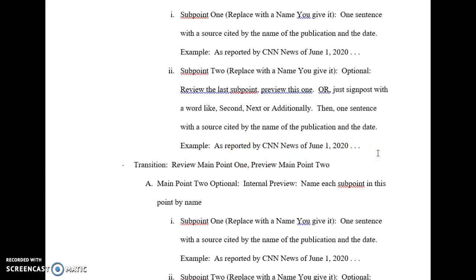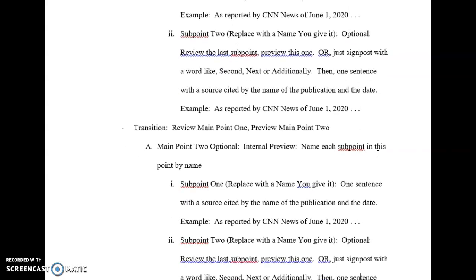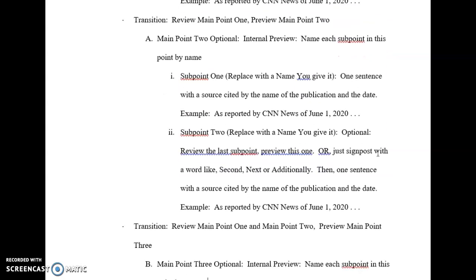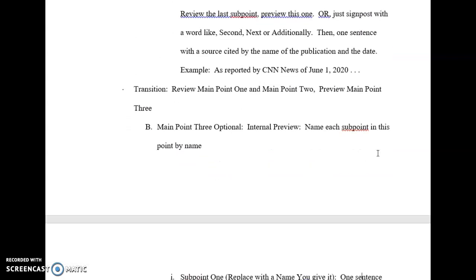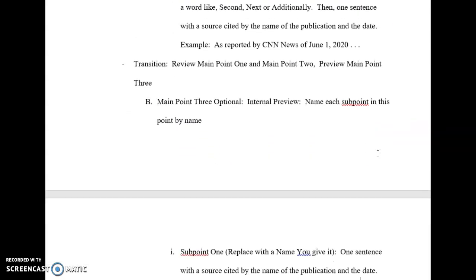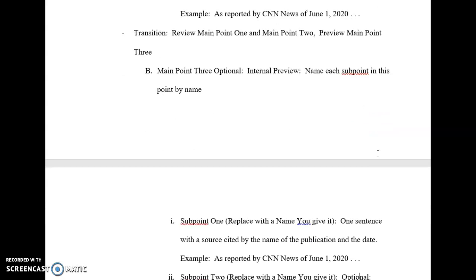And then you'll go through the same process here, where you have another main point, and then you'll do the same for your third main point, except your transition should say, now that we've talked about problems and causes, we can talk about solutions. Or now that we've talked about the police getting away with too much, us letting them get away with too much, we can talk about problems with funding. Whatever your main points are.